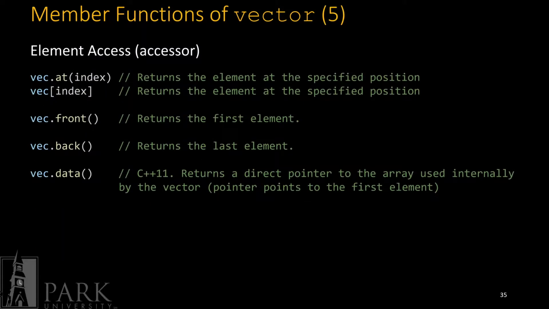Finally, here are some functions providing access to items stored in a vector. You may access one element through the at function or by using the subscript, just like how the string class works. We also have the front and back functions, which return the first and last element respectively. Remember, these functions are for the vector class and not for iterators.